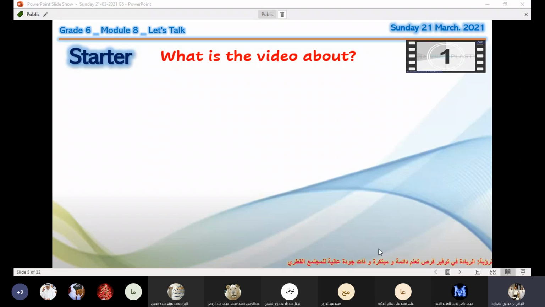So conditional, when we say conditional, it means that the sentence starts with if. Thank you, Al-Bara. Al-Bara said if and when. Yeah, very good. So a conditional sentence is a sentence that starts with if, right? Great.